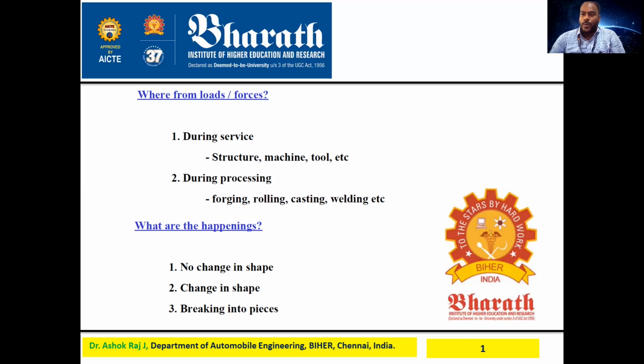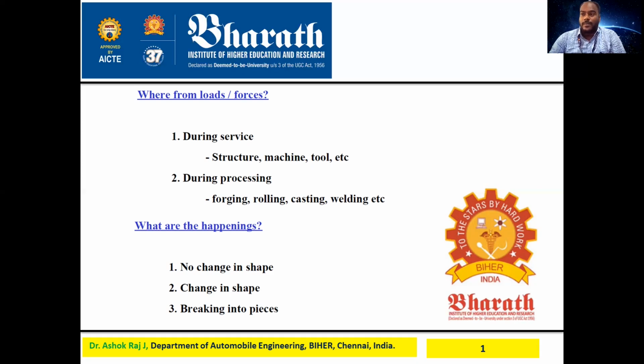If your tool is hard, for example, if you take titanium, titanium is a very hard material. So if you want to machine titanium, you have to take a harder material for removing material from it. At that time you are applying external load and forces, and your tool should also accept that force. Otherwise the tool will break and you will have more loss.